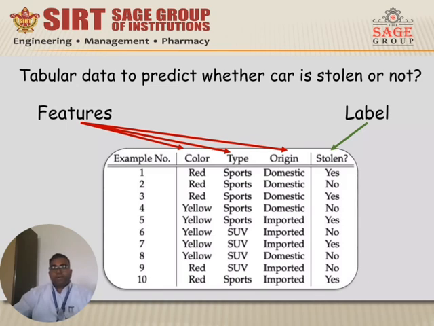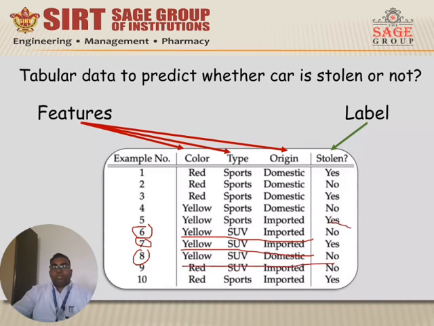So we have multiple data. For example, we have a yellow SUV and it is imported. How will we decide? You can see, match the particular data. In rows 6, 7, and 8, we have yellow SUV imported, yellow SUV imported, and yellow SUV imported.